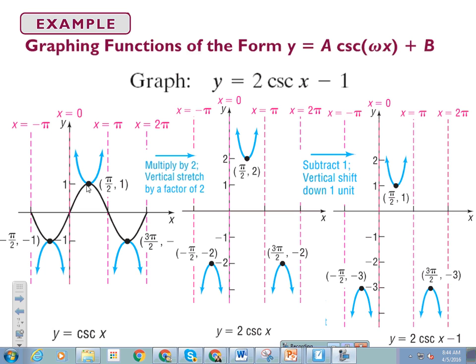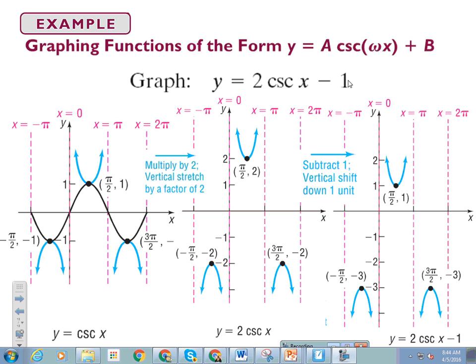Instead of having an output at pi over 2, 1, we're going to have an output of pi over 2, 2. The important thing to note is that the vertical stretch changes the vertex of those parabola shapes. Because we're stretching vertically, it changes our coordinate from 1 to 2. Please highlight or make a note.